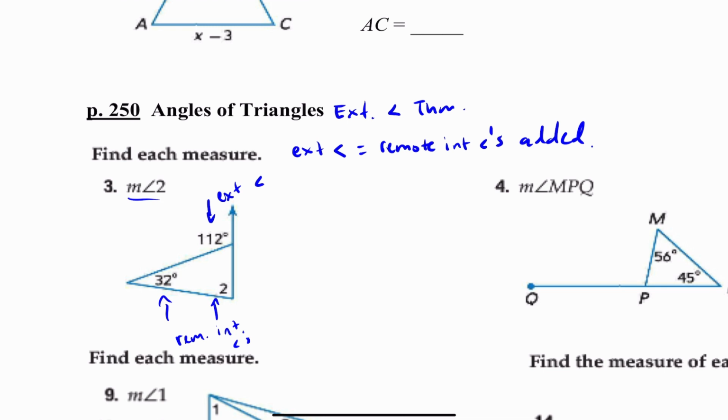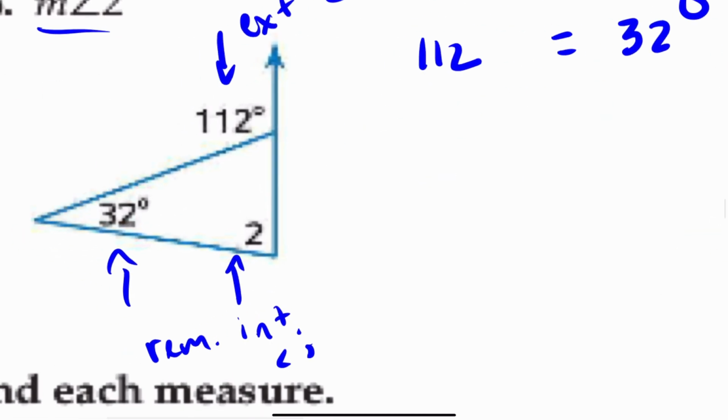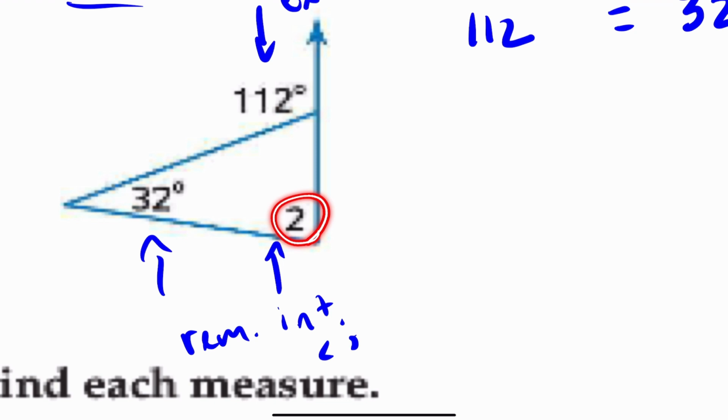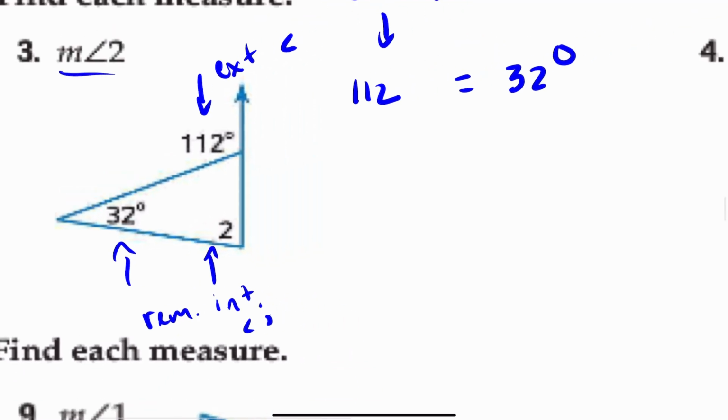Okay, so here's your exterior angle, that's 112, is equal to this and this together. So that's 32 degrees. And this number is not 2 degrees, right? This is 32 degrees. It has the degree symbol here, but this one doesn't. In fact, this is what we call angle 2.